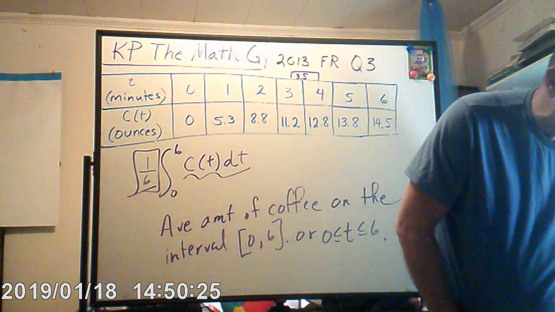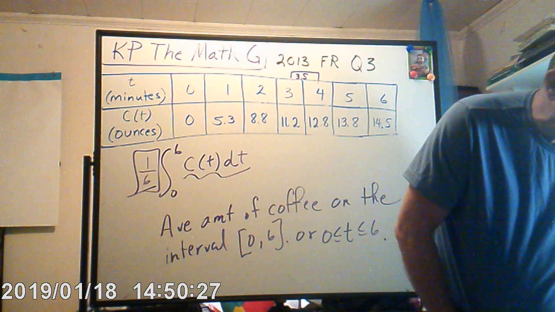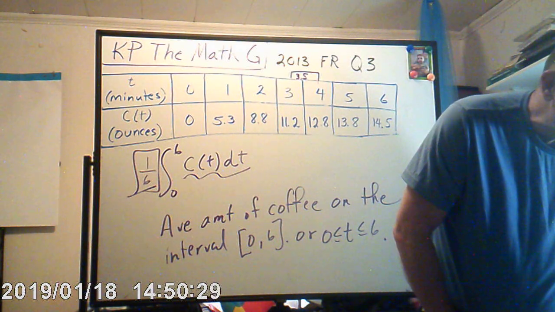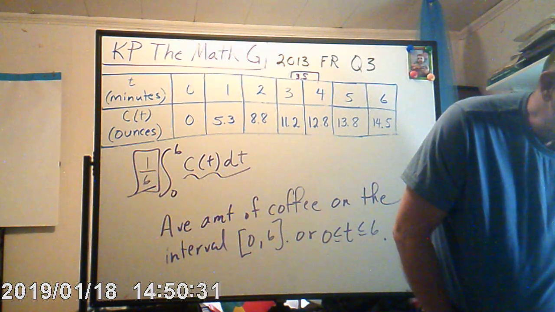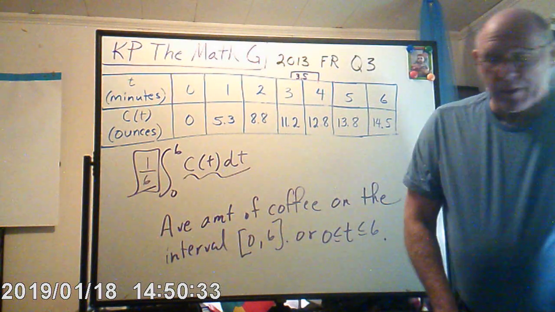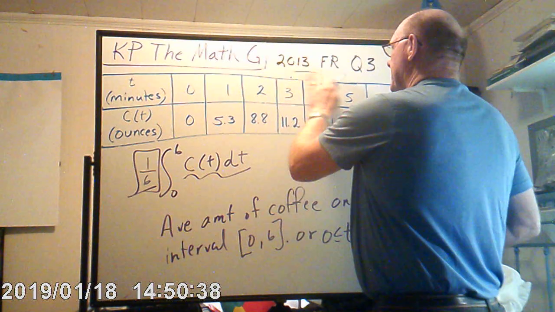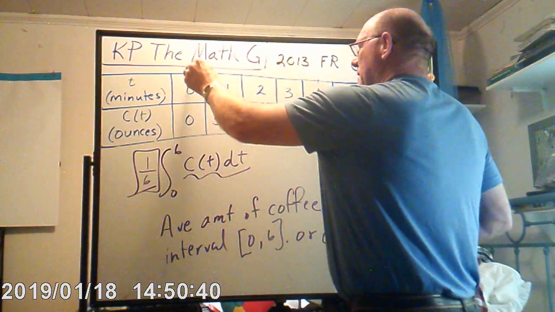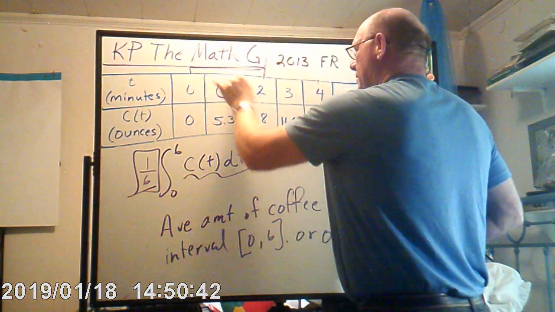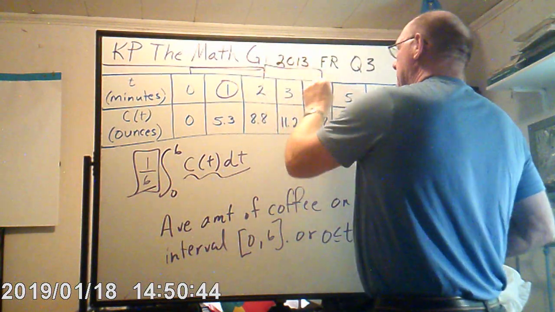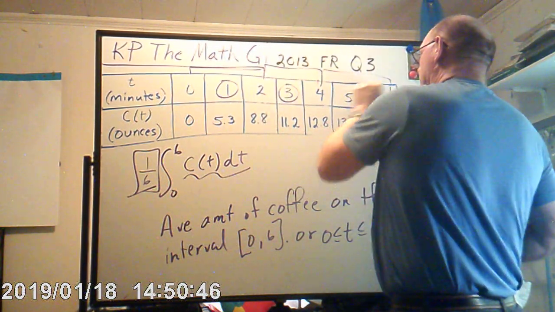They were wanting you to do that by the midpoint. So what you would do is, here you pick 1. Here you pick 3. Here you pick 5.